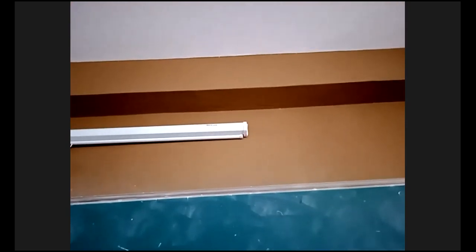This is the iron piece. This is the primary winding.